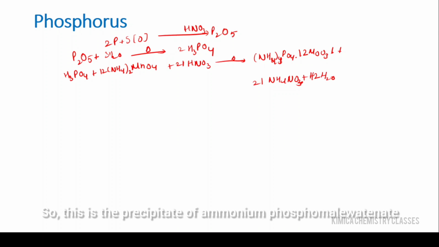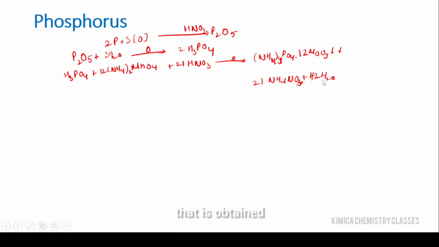So this is the precipitate of ammonium phosphomolybdate that is obtained, which is filtered, washed, dried, and weighed.